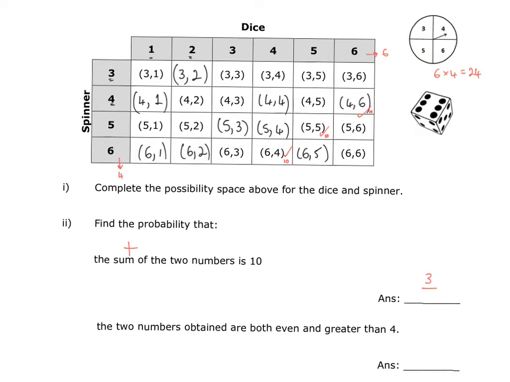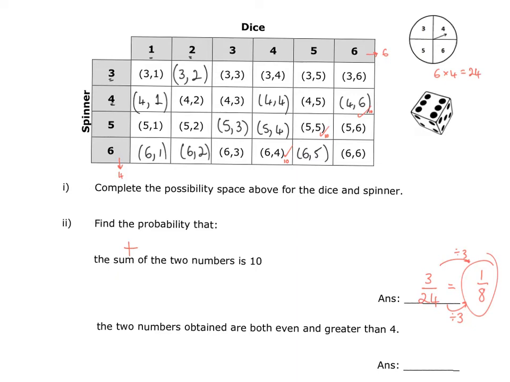Or you can count literally, okay? 1, 2, 3, up to 24. So for a total score of 10, I have only 3 out of 24. Okay? And for probability, make sure whether you can simplify or not. In this case, I can divide the numerator and the denominator by 3, and the final result is 1 on 8.